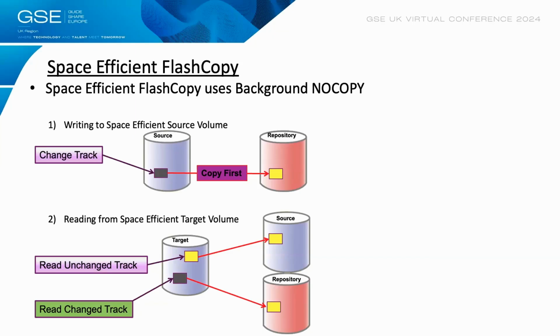If we want to read a changed track, we go off to the repository. So again, it's a way of saving the amount of volumes that you actually need all the time. Well, depending on the application. If every single row changes every single day and on every single volume, that may not save you anything, but it does save a lot of space.